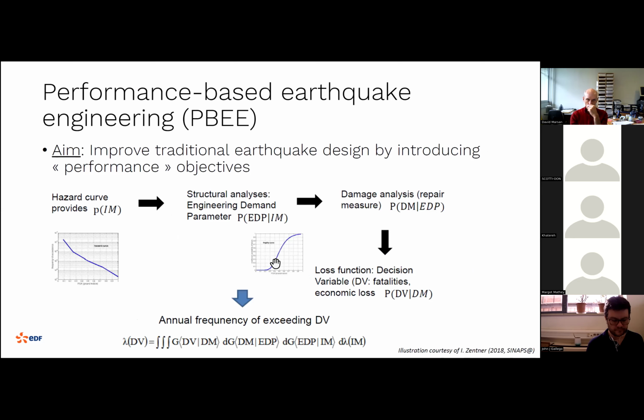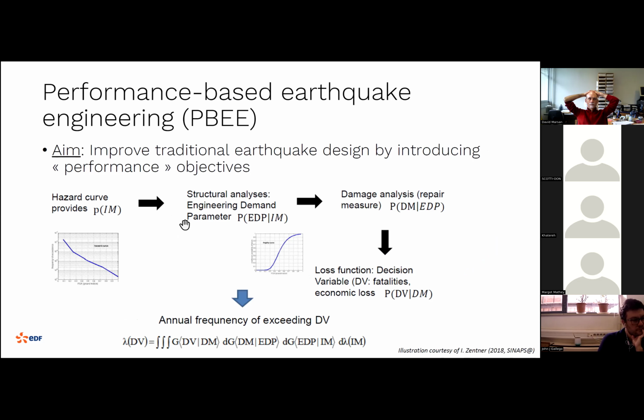Just to be short on this complicated slide, there is also the performance-based earthquake engineering approach, and this kind of data, hazard curves, can also be used to improve the traditional earthquake design techniques by introducing performance objectives.